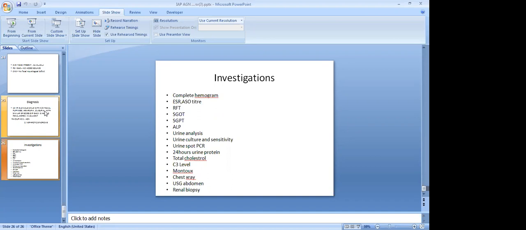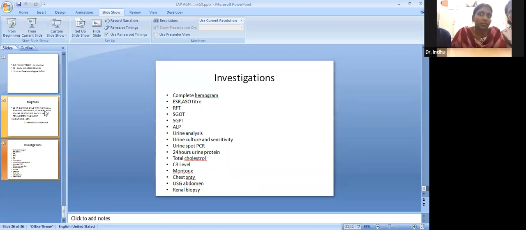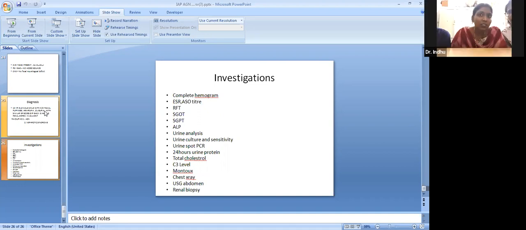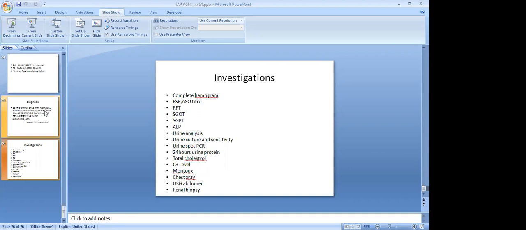Okay, ASO. How will ASO help you? You only told me he had an infection 5 years earlier. Isn't it? 5 years back only he has already had, no? So will it help now? Yes, sir. The titer can still remain elevated, isn't it?